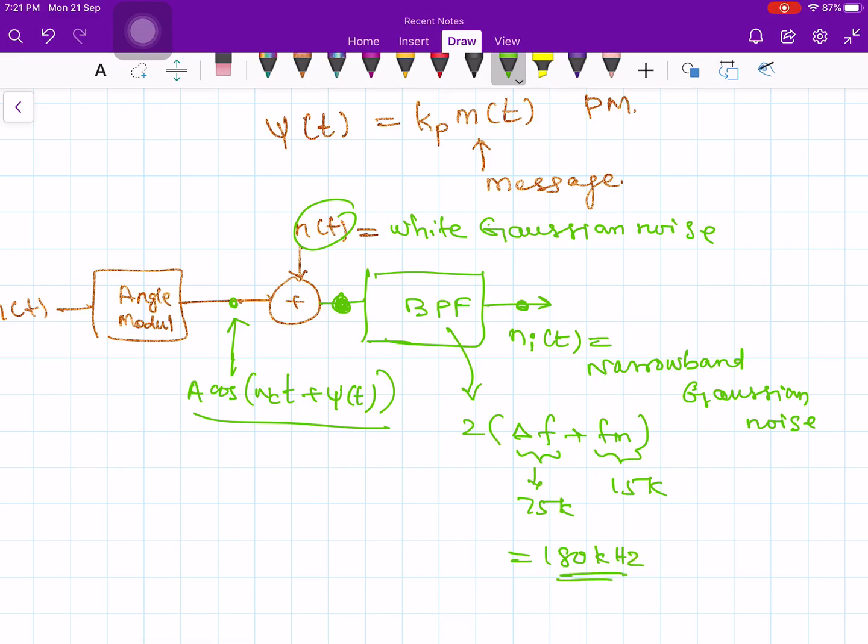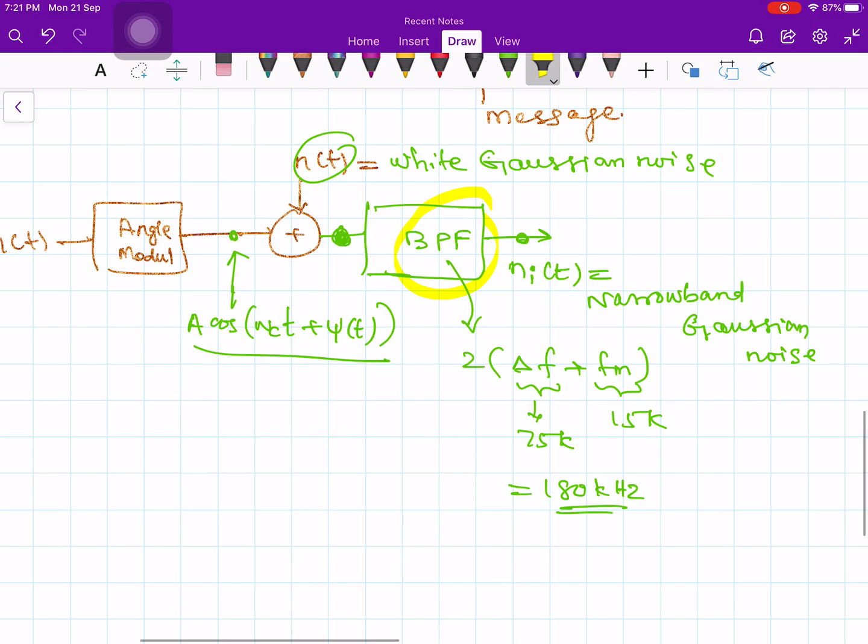So this band pass filter has very high bandwidth compared to the bandwidth of your message signal. What is the bandwidth of our message signal? It is only 15 kilohertz, but your band pass filter has a bandwidth of 180 kilohertz. So therefore the narrow band noise has much wider bandwidth. That is the key point that we need to understand here.